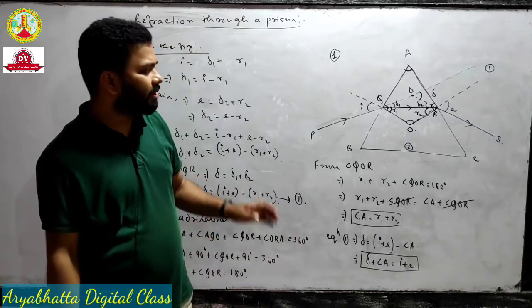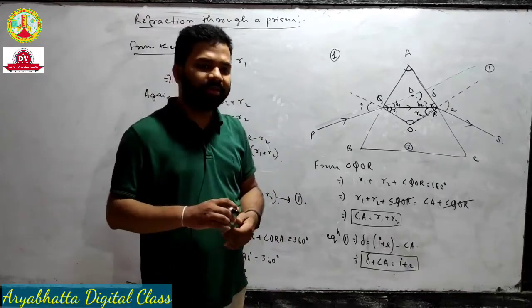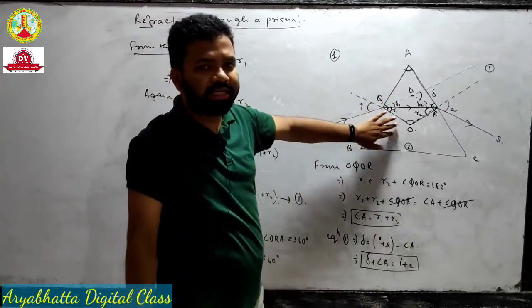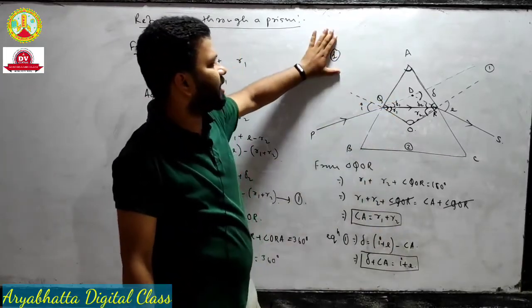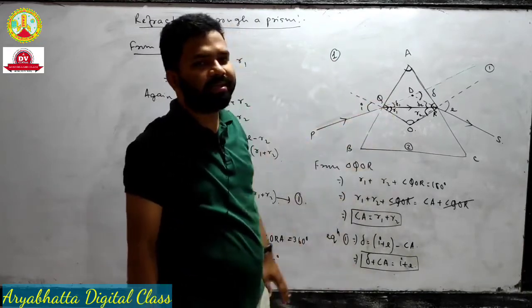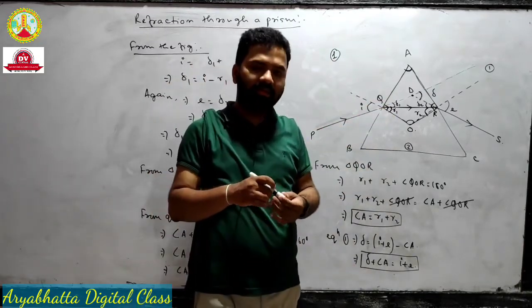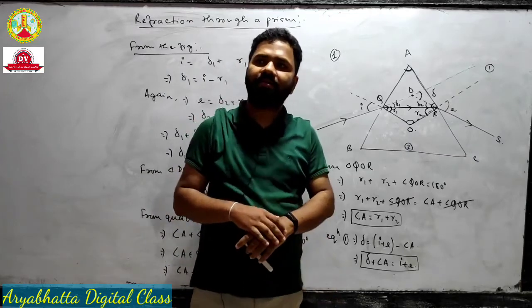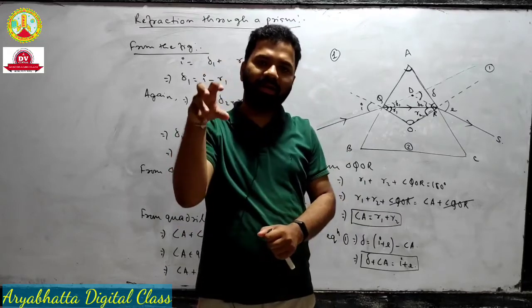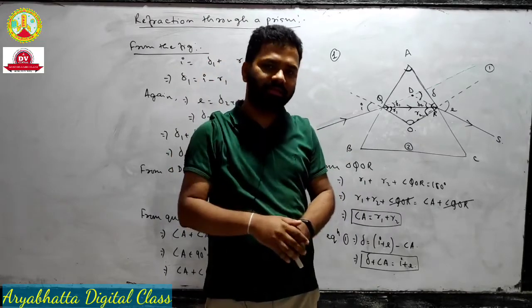Now just imagine that in this prism the light ray is traveling from a rarer medium to a prism which is denser. A prism is normally made up of glass. So the light ray will travel from a rarer to a denser medium.